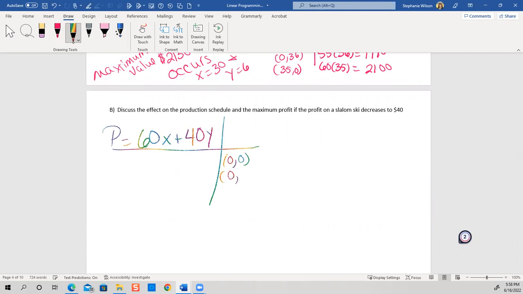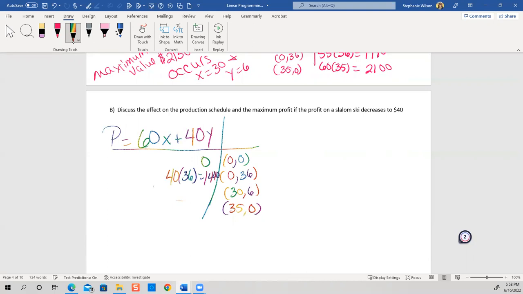Let's use (0, 36), (30, 6), and (35, 0). When we plug those points in, (0, 0) gives me 0. Plugging in 40 times 36, we get 1440.